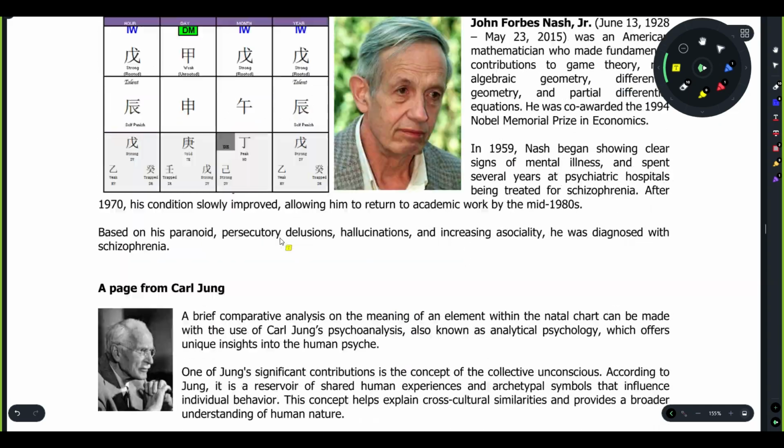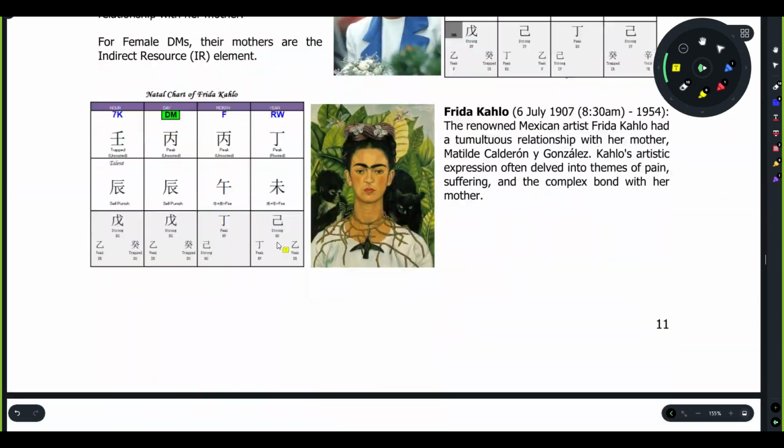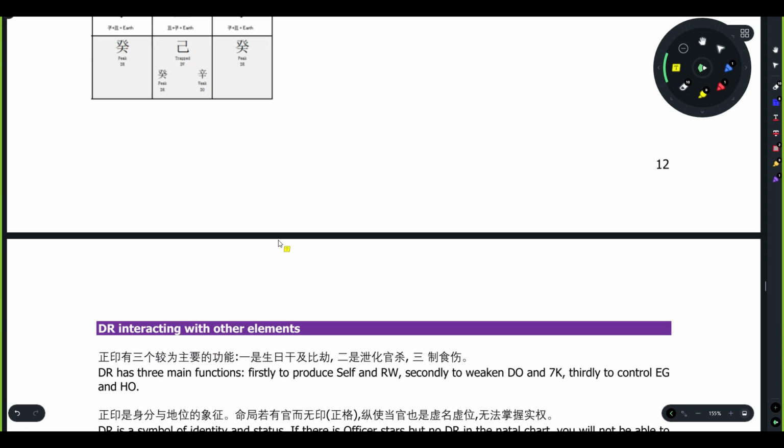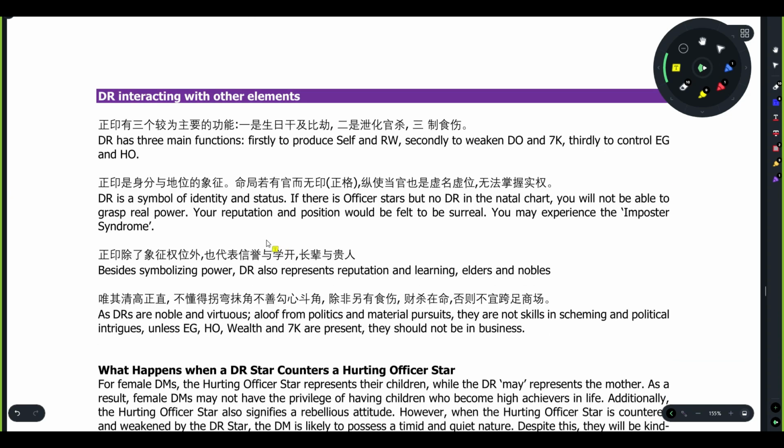Now let's continue from where we left off last week. As we look into how direct resource interacts with other elements, there are three key functions of a direct resource. The first is to produce the self.